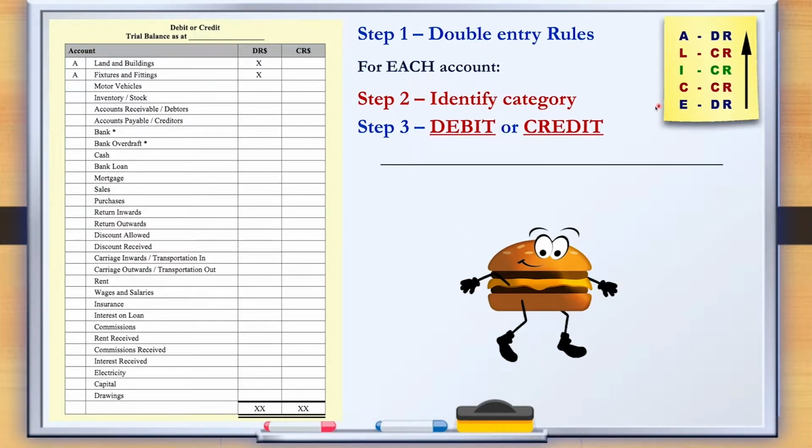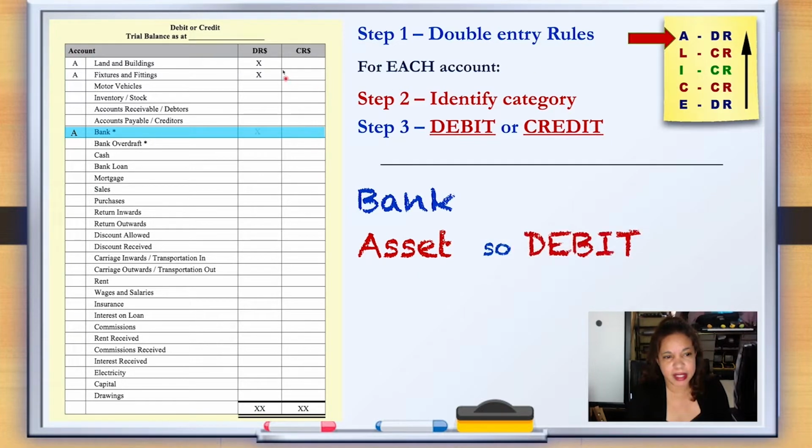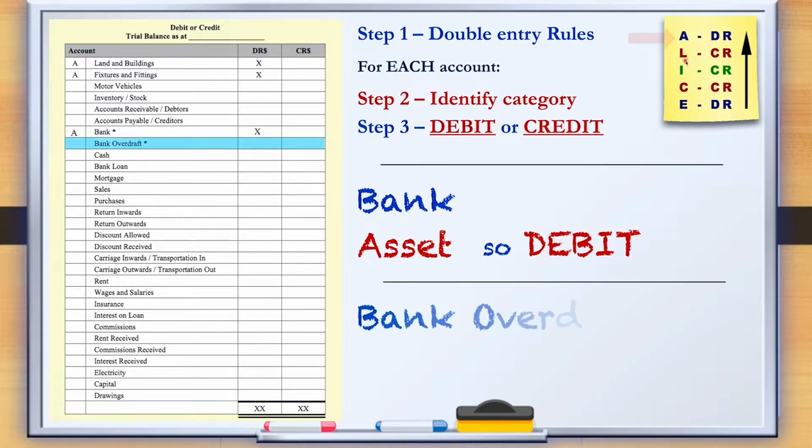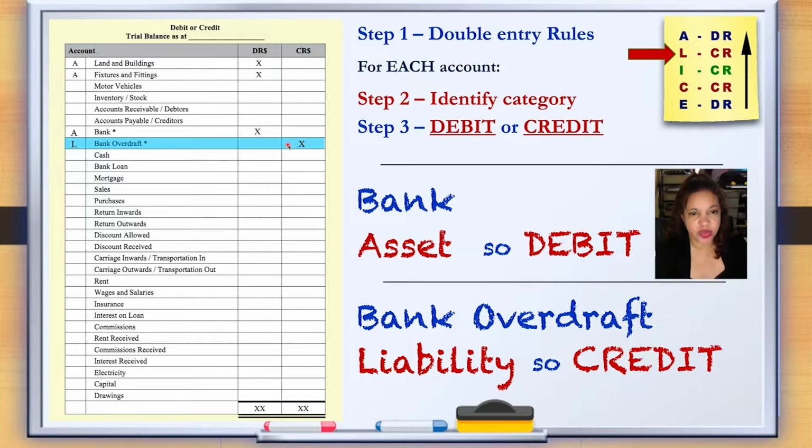Just giving you two more examples. Bank, you will know what bank is. It's an asset, so therefore it will go on the debit. And bank overdraft is the liability, so it will go on the credit. All right, just wanted to show you guys the difference. The reason why I have an asterisk there is because in a question, you will either see bank or bank overdraft.